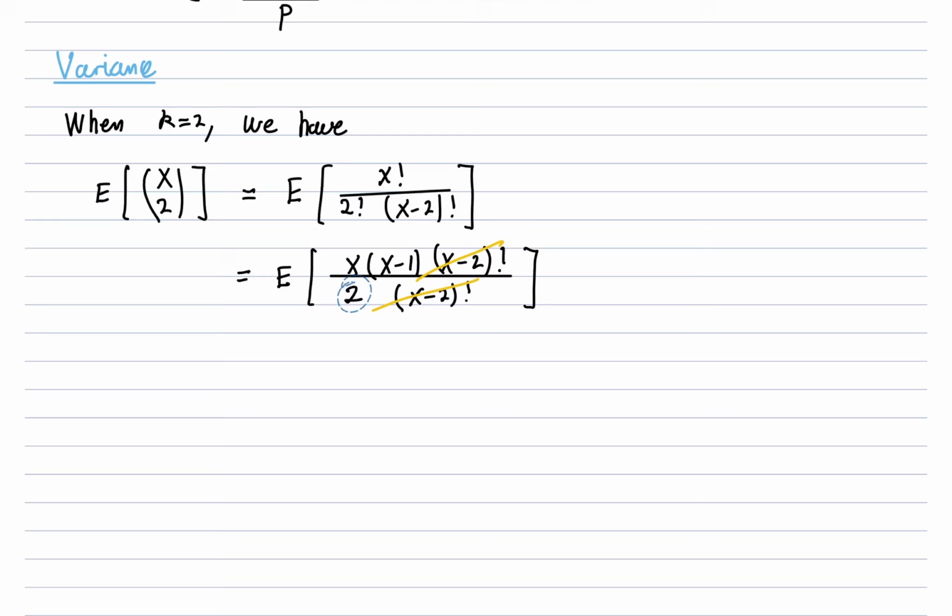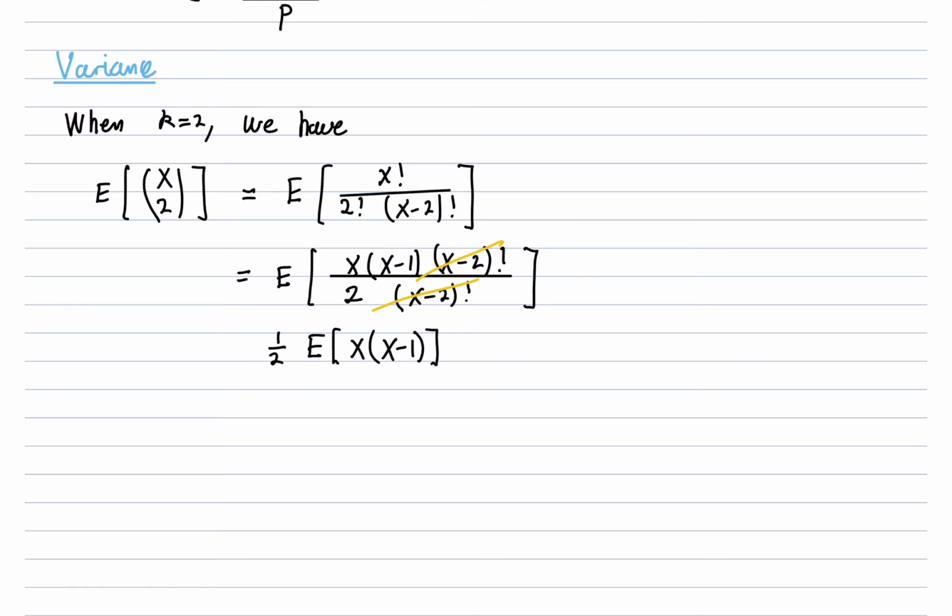Now 2 is a constant, and therefore it can be taken outside the expectation. Well, it's really a factor of a half. So it's a half times the expected value of x times x minus 1.